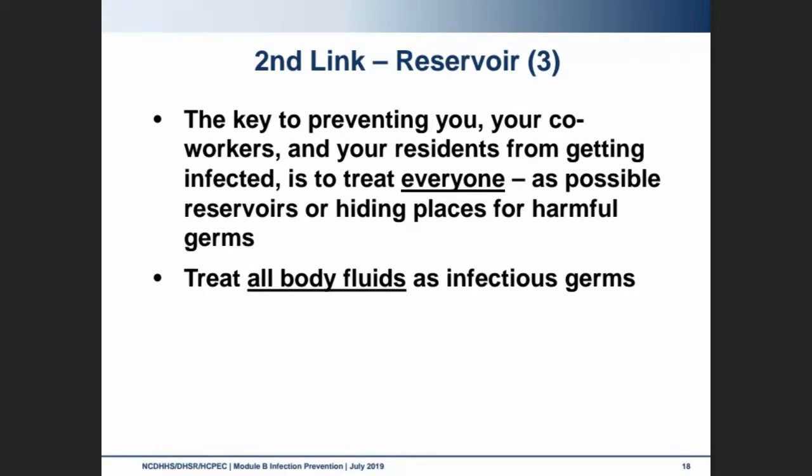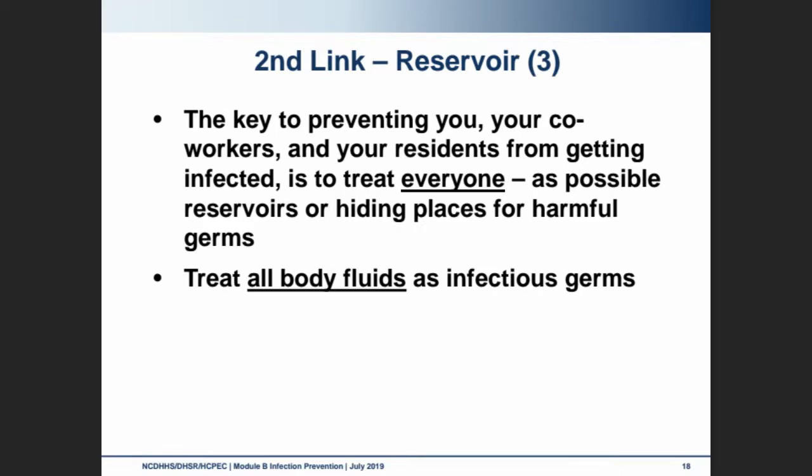Another way to think about this is to think about infections in terms of an iceberg, right? So people that we know have the infection and can infect us are the tip of the iceberg. If you've ever seen a picture of the iceberg, you see the tip above water. If you were to see the iceberg underneath, it's massive, right? So the people who are carriers, who we don't know are infected but could possibly infect us, are the iceberg underneath the water.